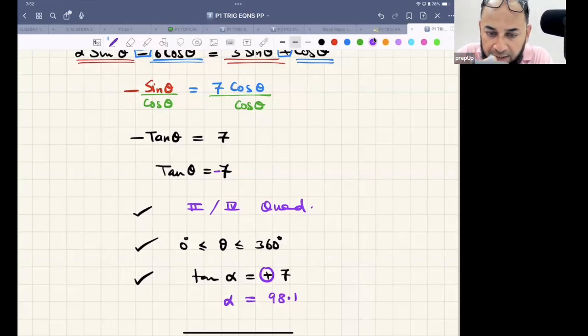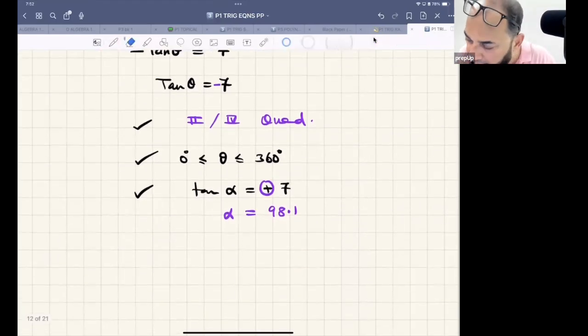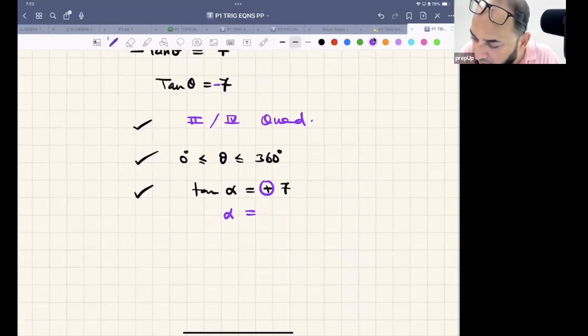And second and 7 and tan inverse. Okay, this is something else. I think it's a new version of this thing. So tan inverse 7. Okay, that comes out to be 81.87. So it's not 98.1, it is 81.87 degrees.